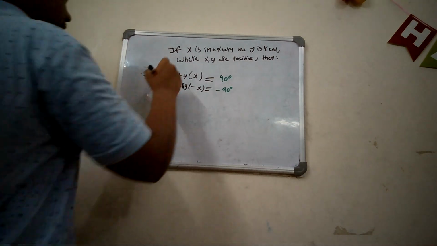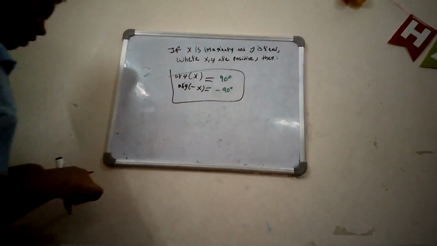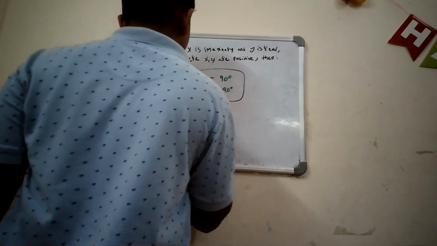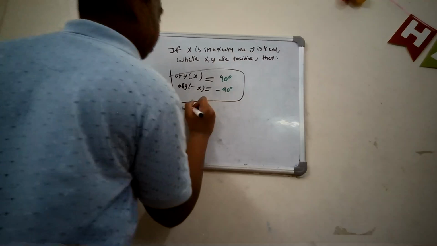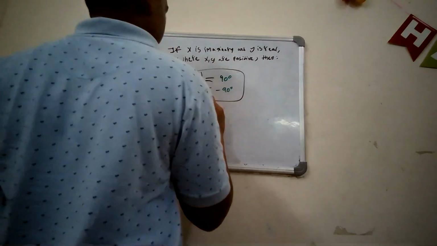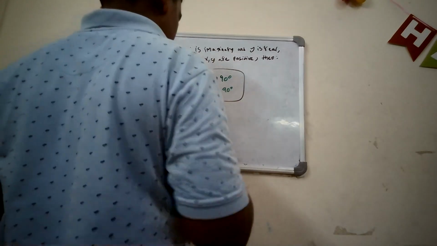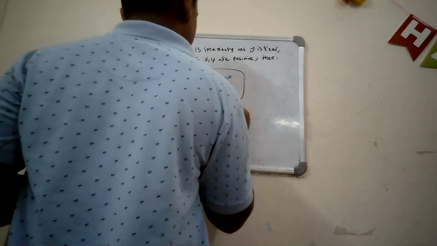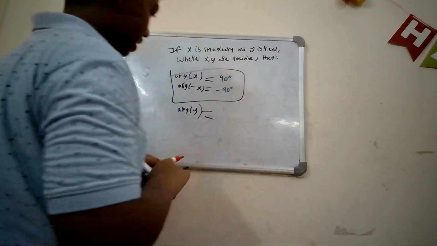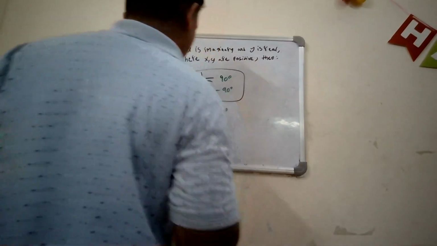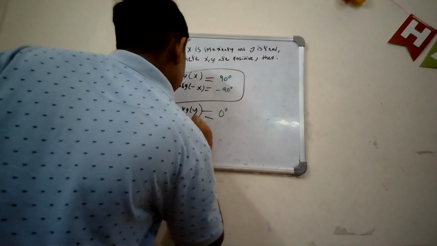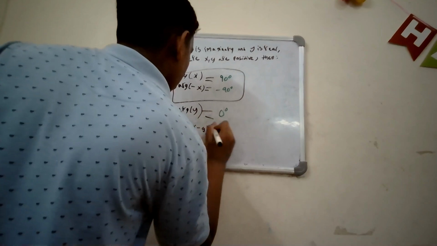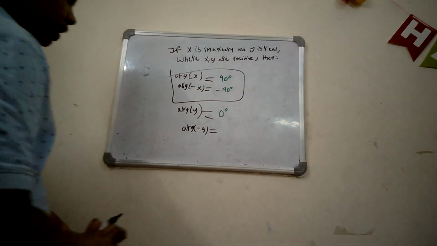Now this is for the imaginary part. Now coming to the real part, the argument of y will be 0 degrees. And the argument of negative y would be 180 degrees.